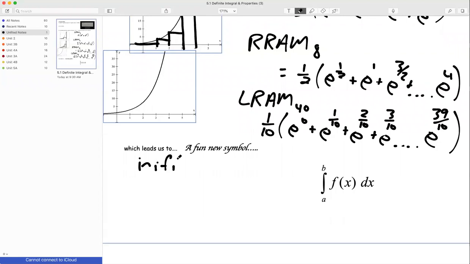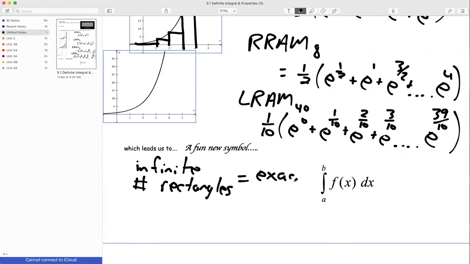Well, let's see if we can spell, first of all. All right, so an infinite number of rectangles would give us an exact area.